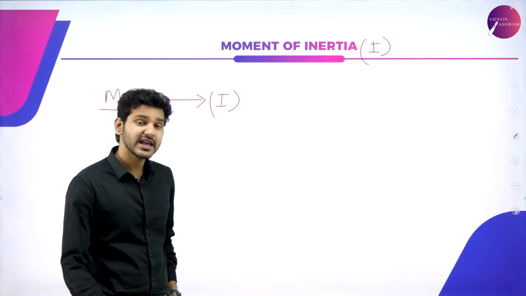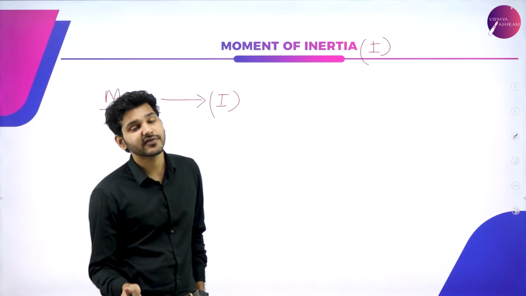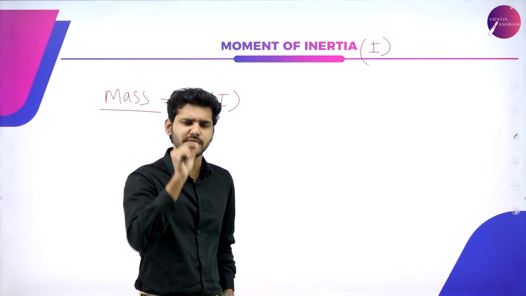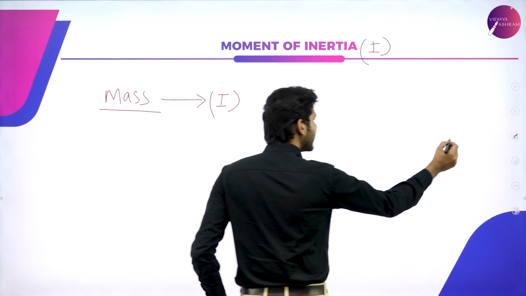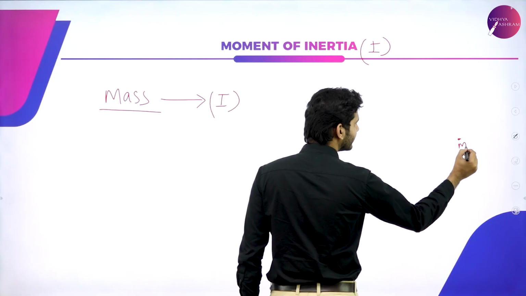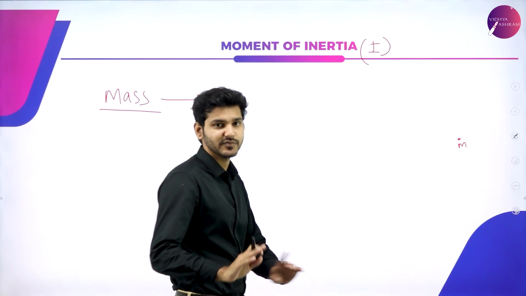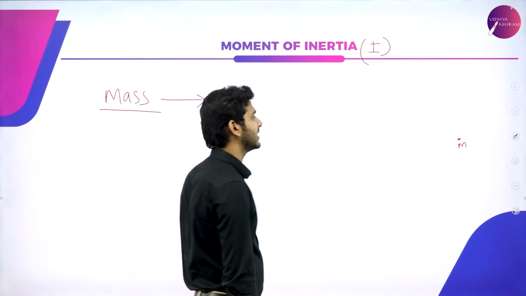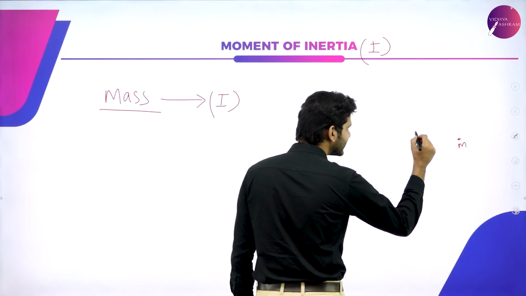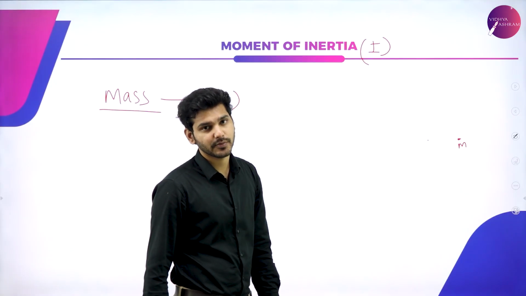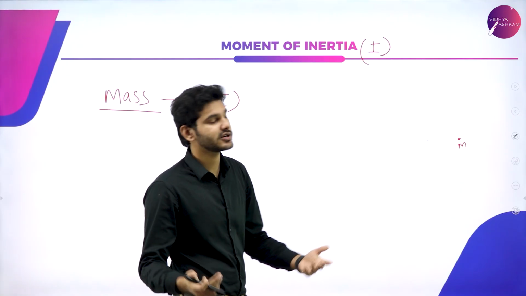Again, if I take one random particle, just like from the sand particle example, one sand particle, let's say small m, and I am making it go for a spin around a point, let's say this is the point, then obviously it is rotational motion.